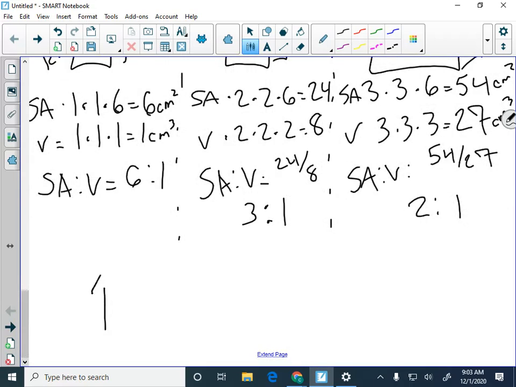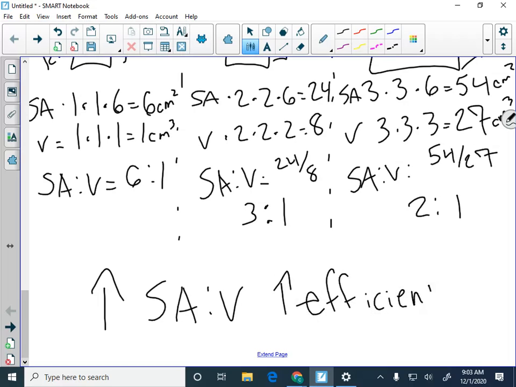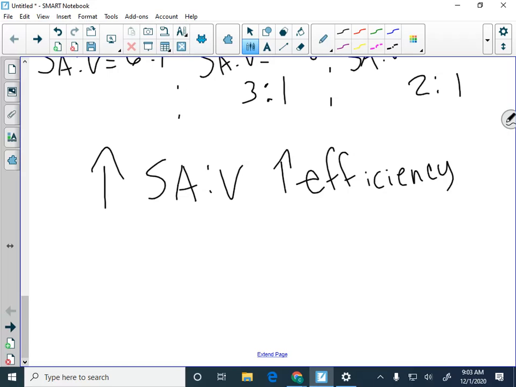Increased surface area to volume ratios increase efficiency. Does that make sense as to why cells are limited by surface area to volume ratio? So that's why they need to divide.